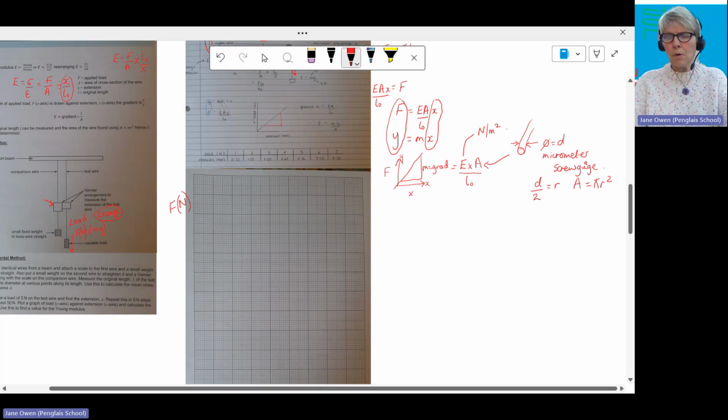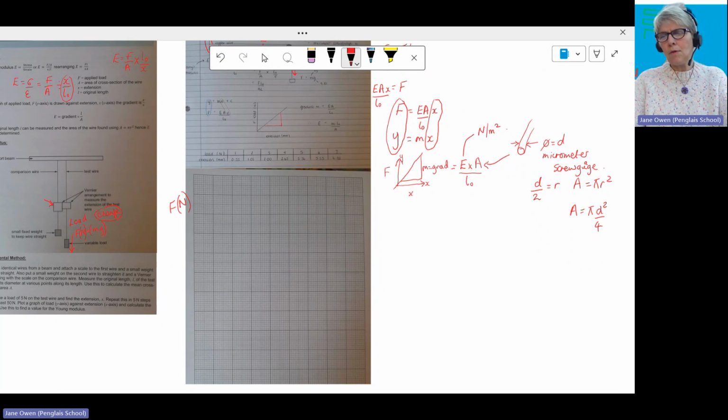If you wanted to work in diameters, you could: the area is pi times d squared over 4, because diameter over 2 is the radius, so the radius squared is d squared over 4. You can do it like that.